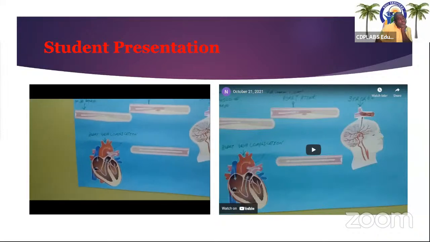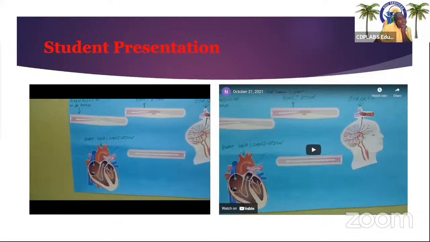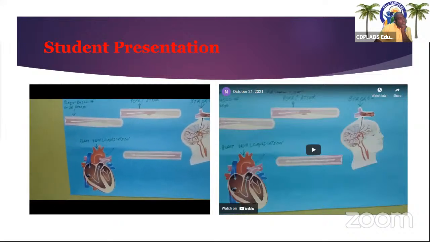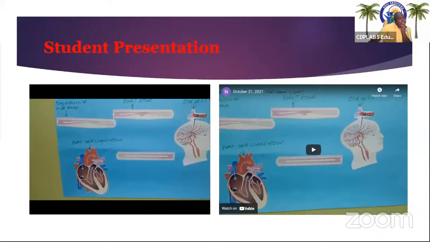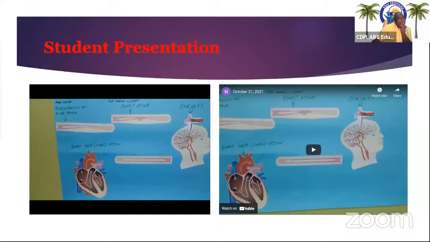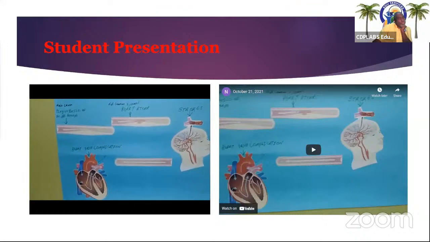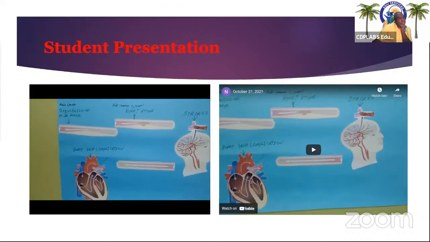The aortic valve opens when the left ventricle contracts and pumps blood, and closes when the ventricle refills.